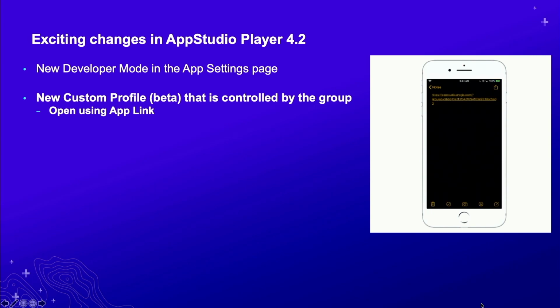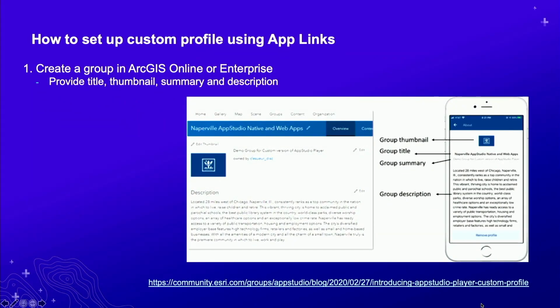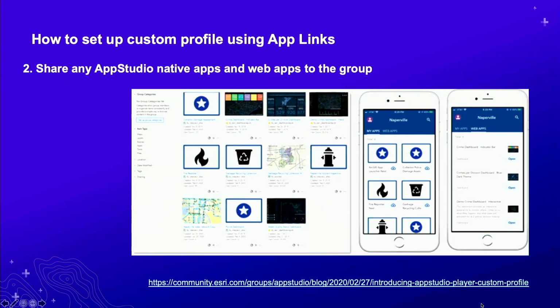Let's talk a little bit about how to set up a custom profile in AppStudio Player using AppLink. First, you need to create a group in ArcGIS Online or Enterprise. You need to provide the title, thumbnail, summary, and description. Those things will be reflected in AppStudio Player. Then share any AppStudio native app and any web app to the group.